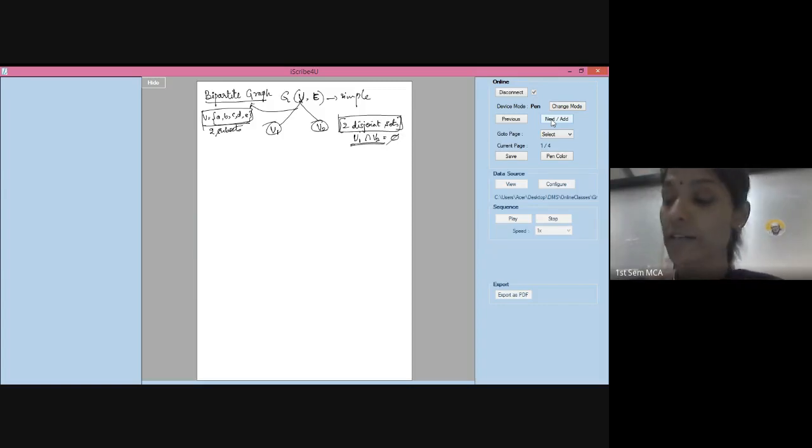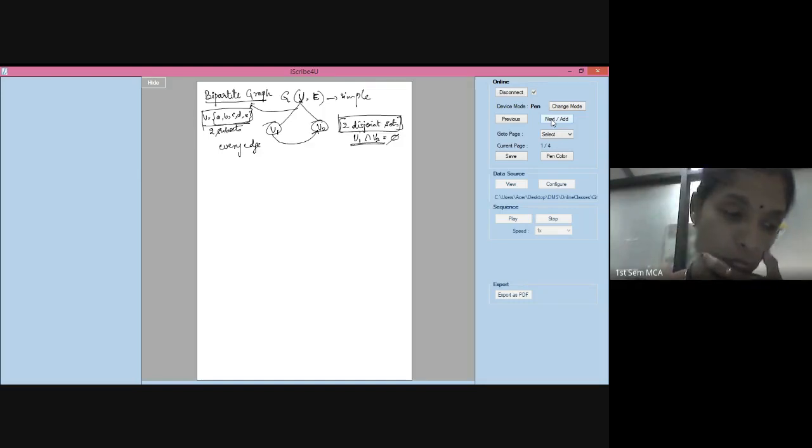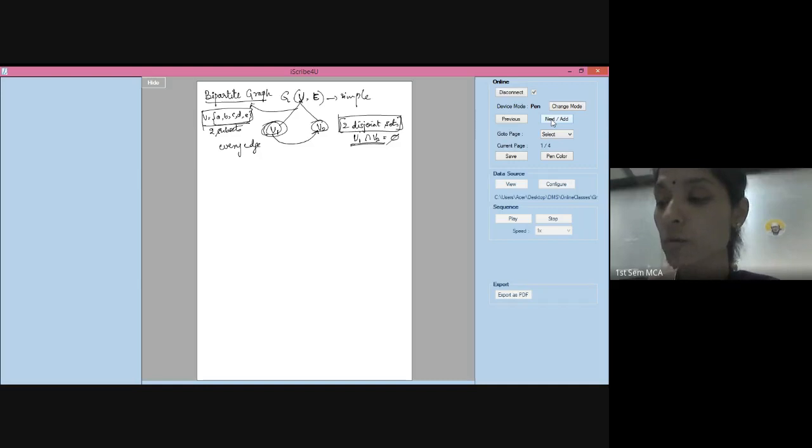So I am finding two subsets of the vertices, V1 and V2, such that every edge in the graph connects a vertex from V1 to a vertex in V2. No edge in G connects two vertices in V1 or two vertices in V2.